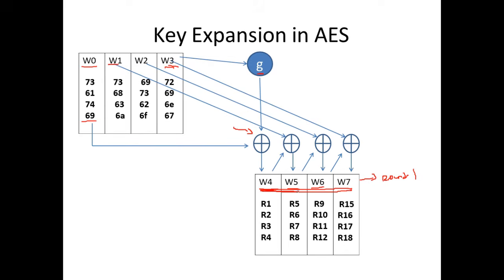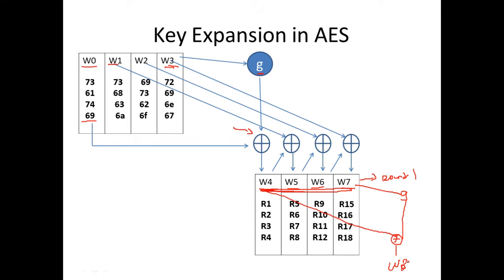Now using these 4 words, again using the same strategy, we'll be generating what? W8, W9, W10 and W11. So we'll take W7, we'll give it to G, and this output will be XORed with W4, and you will get what? W8.